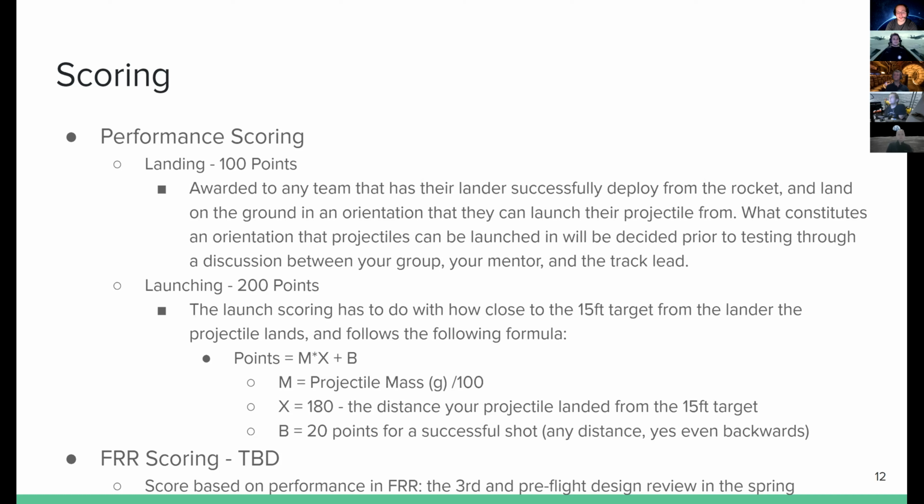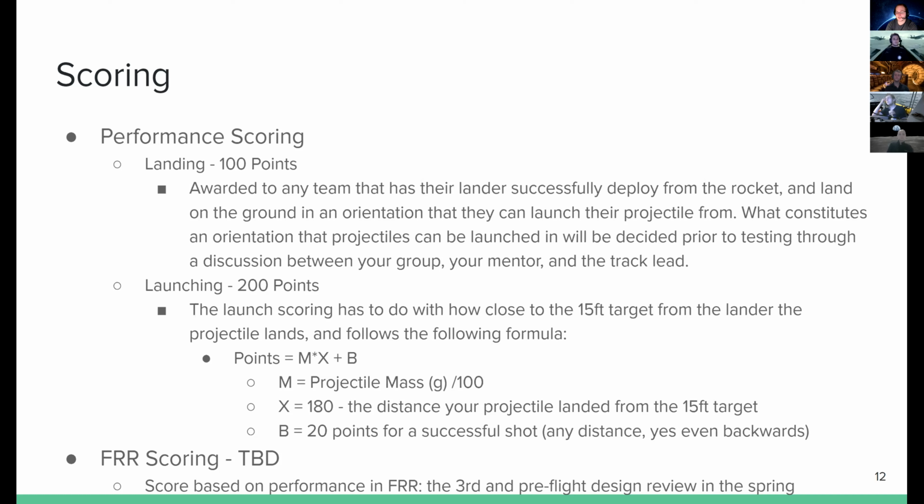Wait, Scott, what's up? So if you shoot your payload 0 inches, you get 140 points. Well, no, 120 points. 100 points plus 20 for shooting.